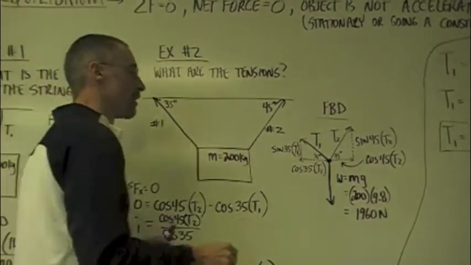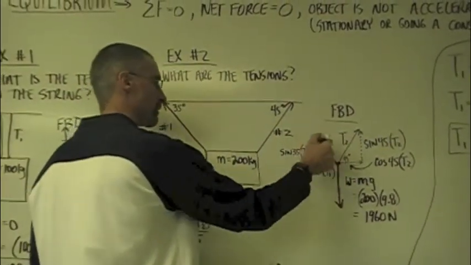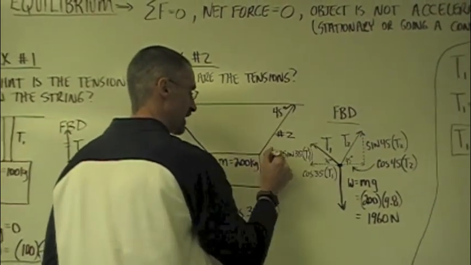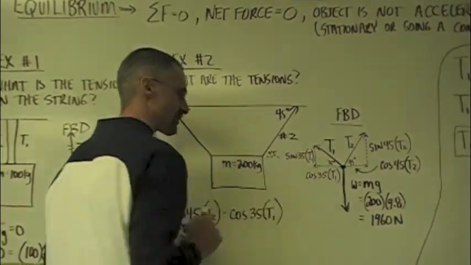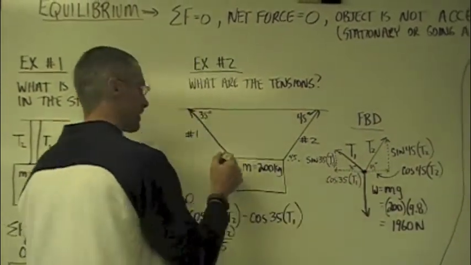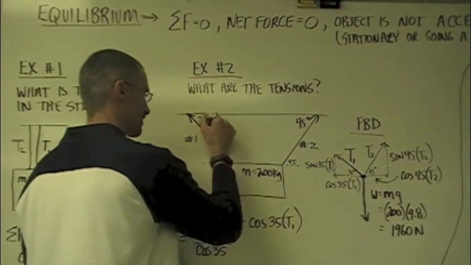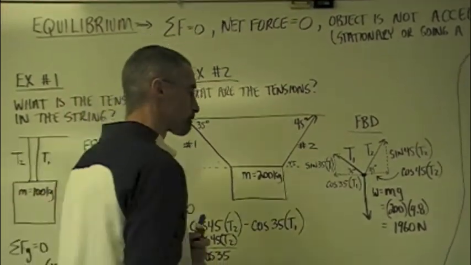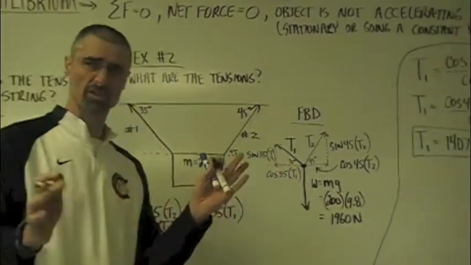Okay, this is T1, this is T2. Guys, if that's 45, can I say that that's 45 due to alternate interior angles? Okay, so I'm going to put 45 there. Same thing here. If that's 35, is this 35? Okay. Now, this is a simple trick.